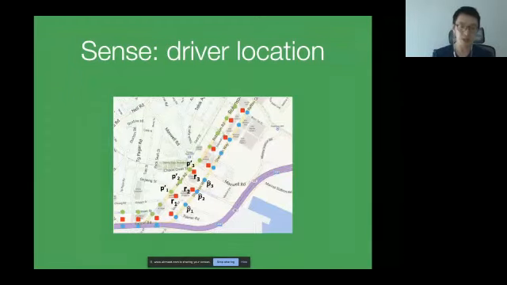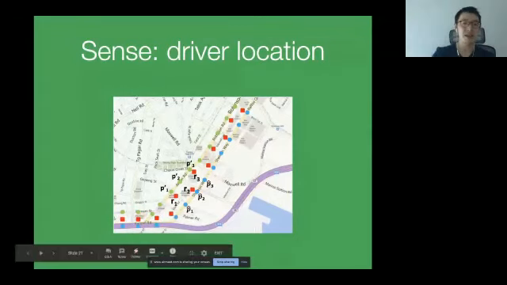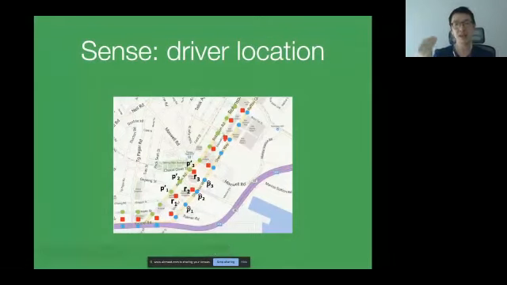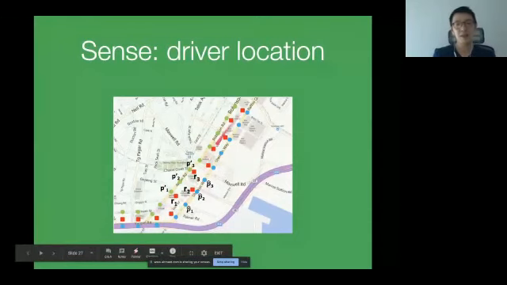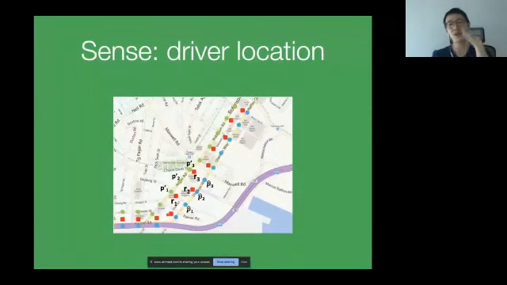So this is one illustration of map matching. Imagine the red squares here are the real GPS samples we collected from the mobile phone. They are noisy, as you can see. In this case, our job is to match a sequence of these red dots onto either the green one or the blue one, because in reality, the driver can drive either on the upper road or on the lower road, right?